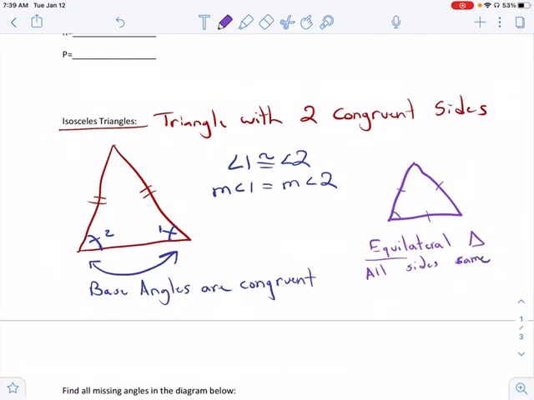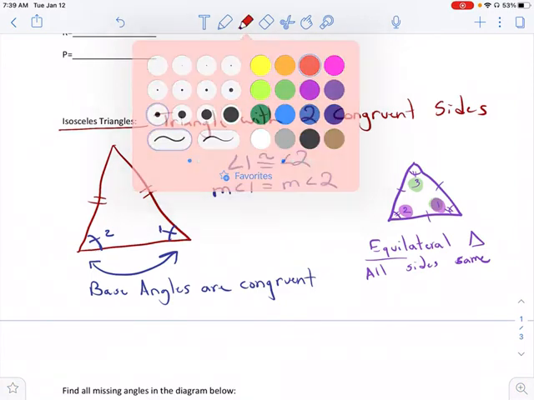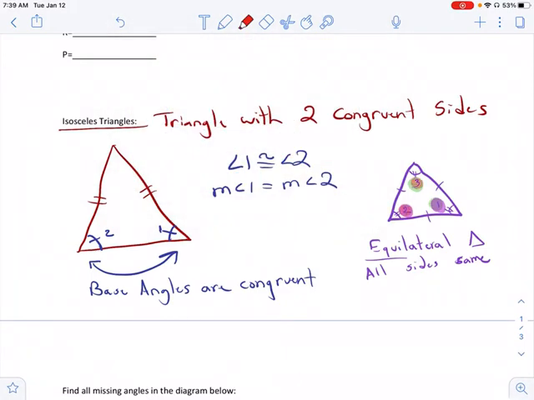Really, we end up with this fact that all three angles are the same. And this makes sense even if I just look at it from the perspective of an isosceles triangle. So if this is isosceles, I know that 3 is equal to 1, but then we also know 1 is equal to 2, and then I could also say that 2 is equal to 3. So then we know that all of those angles are actually congruent to one another.